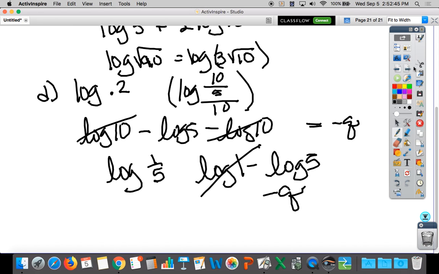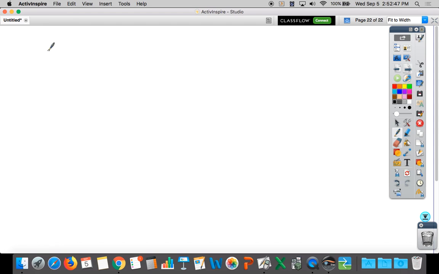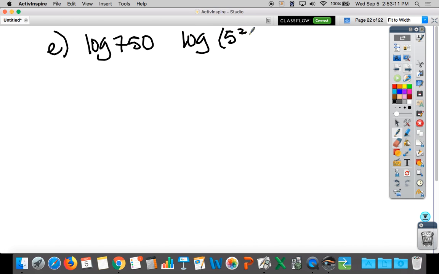Okay. Let's look at E, log 750. So I saw several of y'all working hard on this one. Did you get it? Okay. Go ahead, Caleb. What did you get? I did 5 squared times 10 times 3. There's your 25.